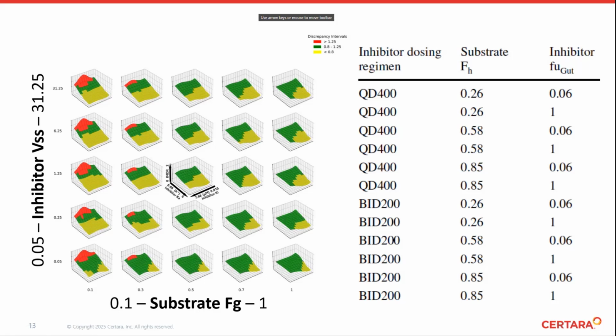Each row that you see in the table on the right-hand side represents a separate figure. So if you wanted to compare, for example, dosing regimen, you would have to find the corresponding substrate FH and inhibitor FU gut values, and then compare the figures with different dosing regimens. And that's all I have to say. Thank you.